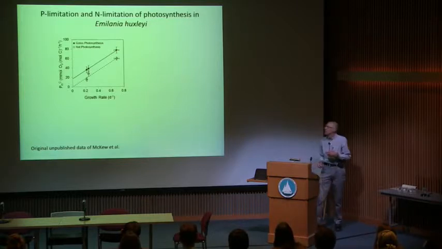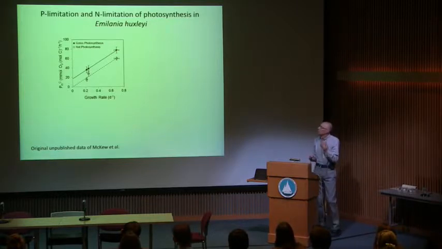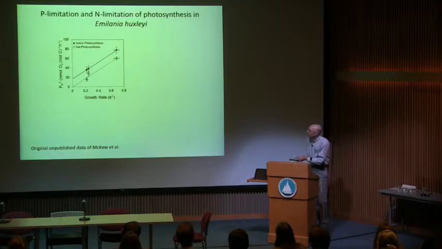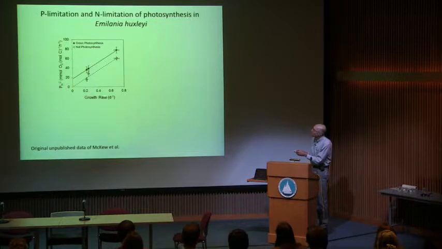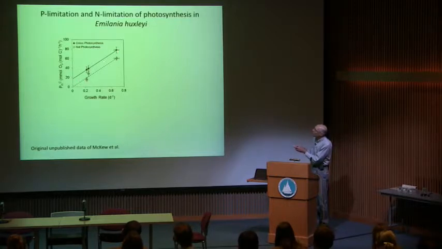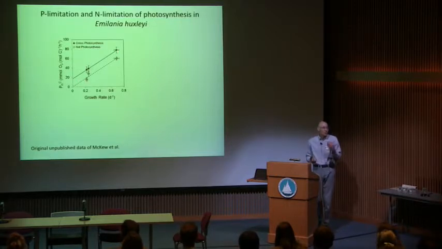We also looked at how phosphorus and nitrogen limitation affect photosynthesis. And here what I'm doing is plotting the light-saturated photosynthesis rate against the growth rate. We're doing it for both net photosynthesis and gross photosynthesis. And so for net photosynthesis, we get a linear relationship, and for gross photosynthesis, we get a linear relationship with a little bit of an offset, so it's not a surprise.